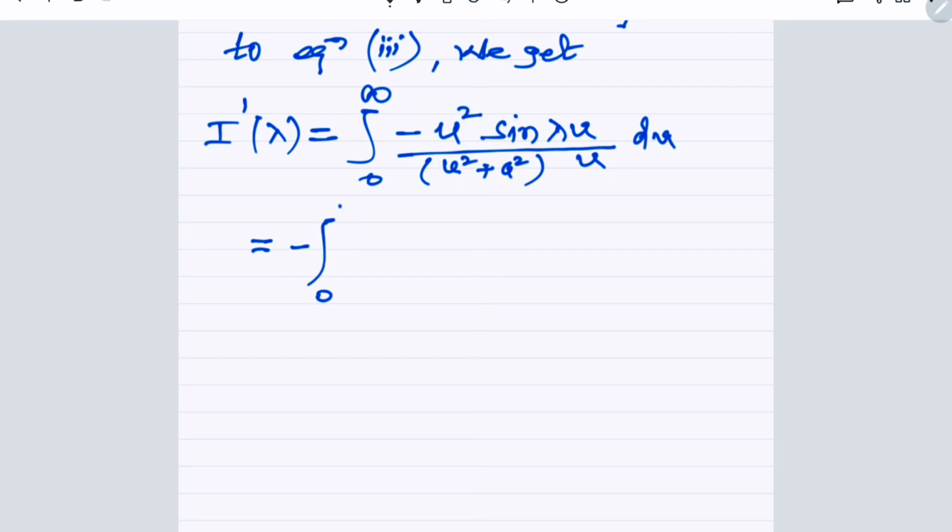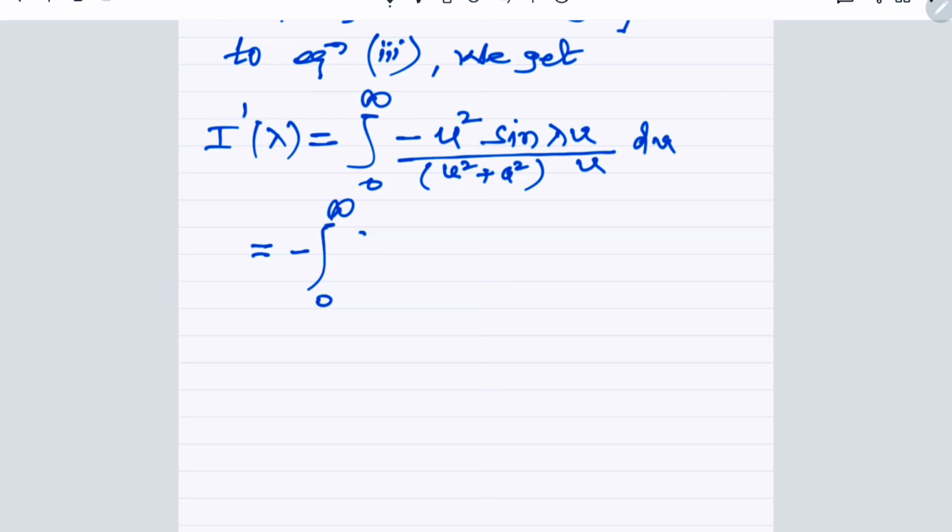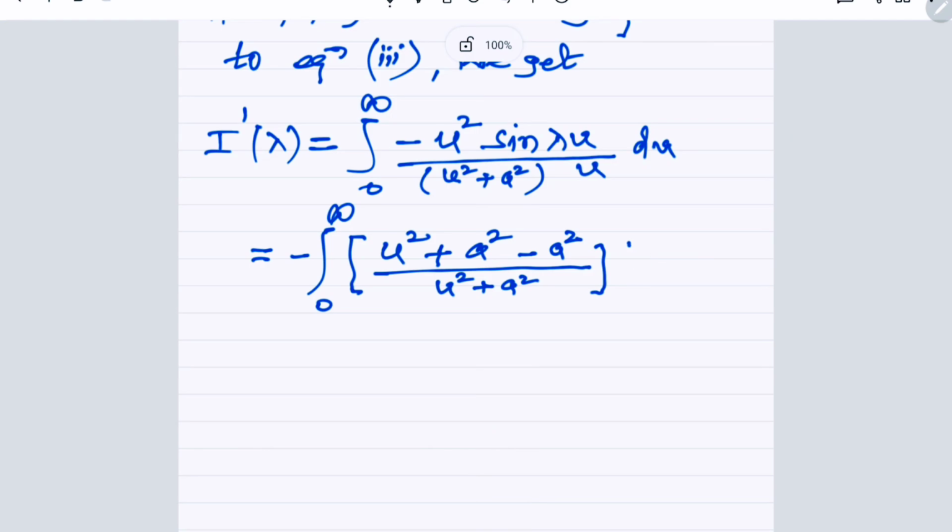One more rearrangement, adding and subtracting a square, minus sign outside, integration from 0 to infinity u square plus a square minus a square, so that there is no change in the value, only the form we are changing, divided by u square plus a square multiplied by sine lambda u divided by u, and then its integration with respect to u.